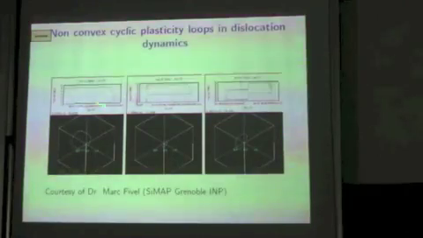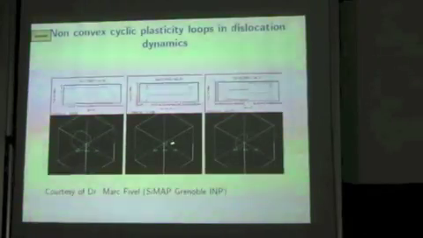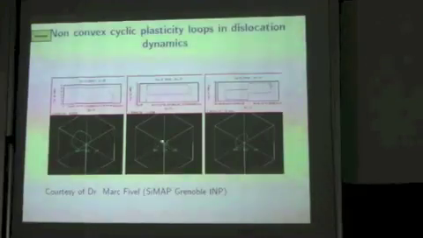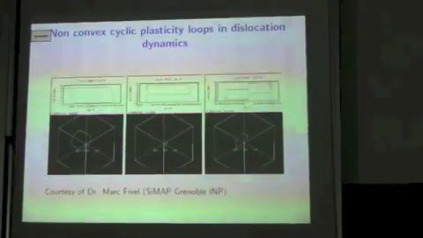And when you unload, the loop will contract again. They don't change the slip plane, so no cross slip. And then you will destroy again the remaining loops, and you still have this source here. And then you shear in the opposite direction, so you will form a new loop in the opposite direction with a jump again, like that. So this strange shape, in fact, can be interpreted also as a mechanism for a single loop, a single Frank-Read source.